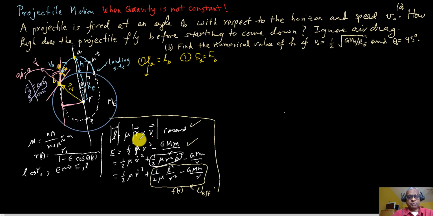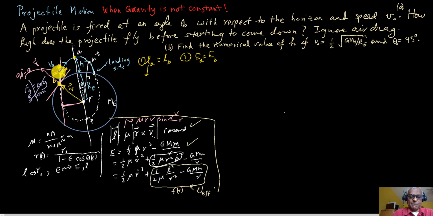So the magnitude of the cross product is mu r v times the sine of the angle between r and v. At this point, the sine of that angle, 90 degrees minus theta, is the cosine of theta.